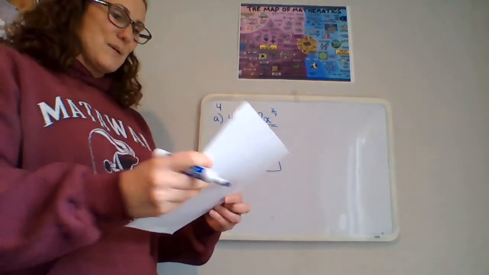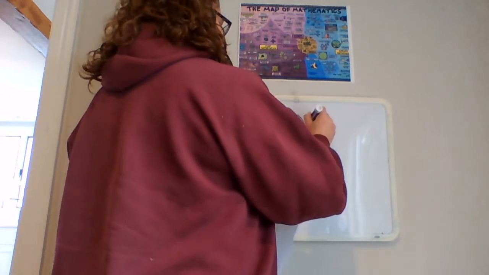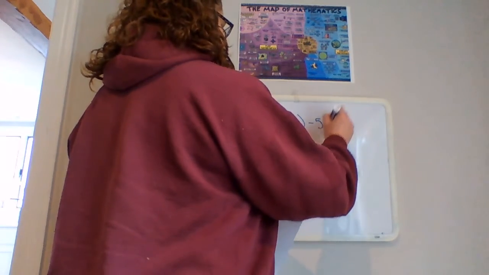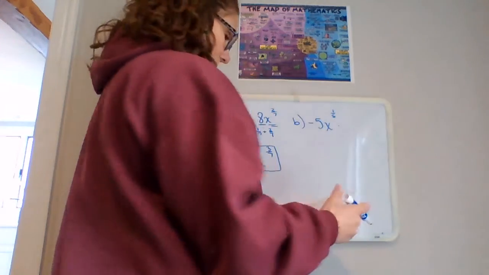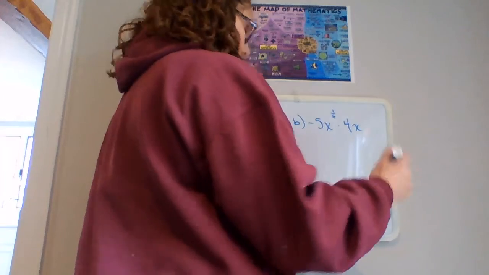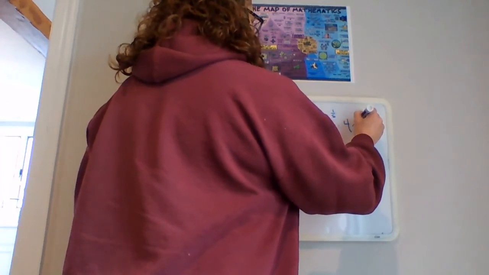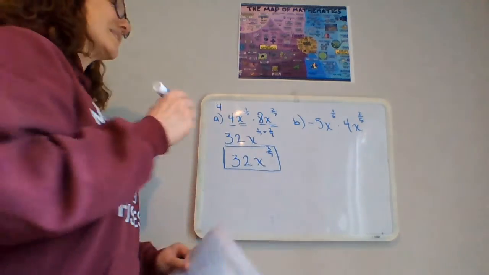Nice and easy. B. For B, we have -5x to the 1/5 times 4x to the 2/5. Again, this is a simple problem. I know they weren't all this simple, but this one still is.